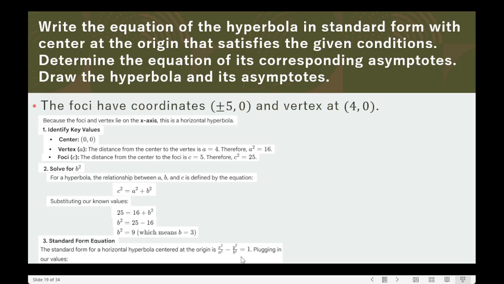So you just simply substitute the values of a and b from this equation, and we have x squared over 16 minus y squared over 9 equals 1. So this is the equation of the hyperbola, the required equation, from this given condition.